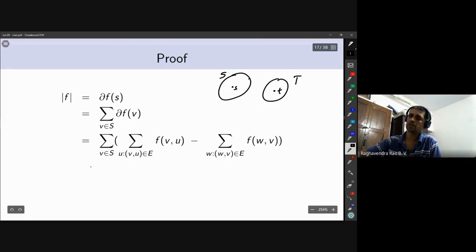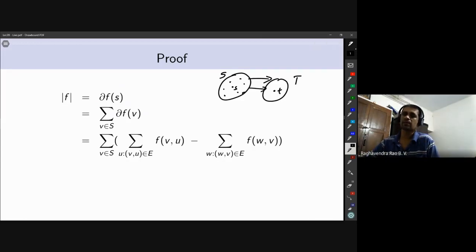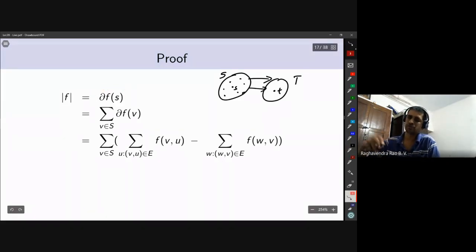So there are some edges and so on. Now what I do is I look at all vertices here in S and sum their net outflow value. That is ∂F(v). Remember that except for s, everyone here will contribute 0. So hence this is equal to ∂F(s), or value of F. So value of F is equal to this sum.